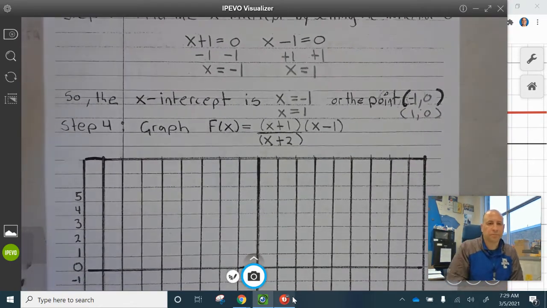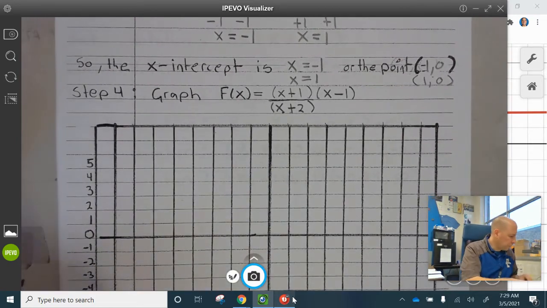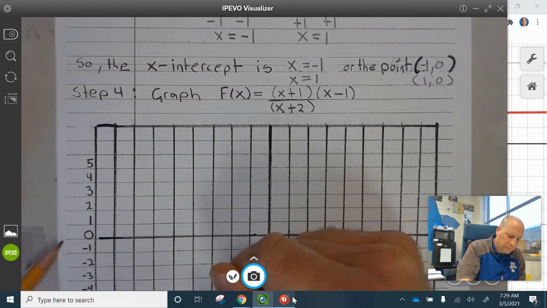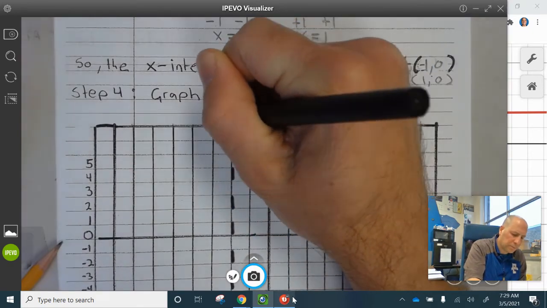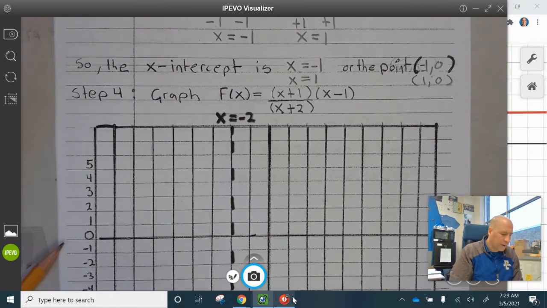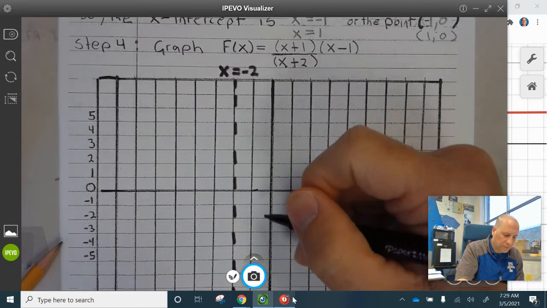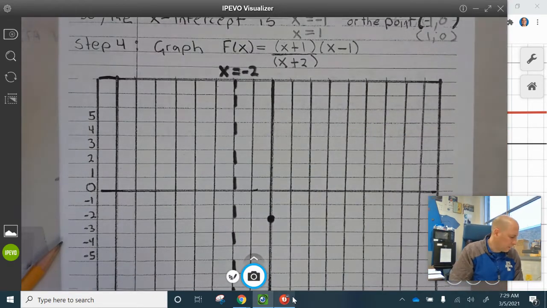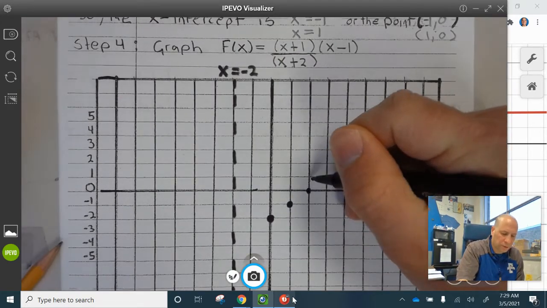Okay, so we're going to graph that. So first, we're going to graph the vertical asymptote at x equals -2. Okay, and then we have a slant asymptote at y equals x minus 2. So we start here and then we go up one to the right one, up one to the right one, up one to the right one.